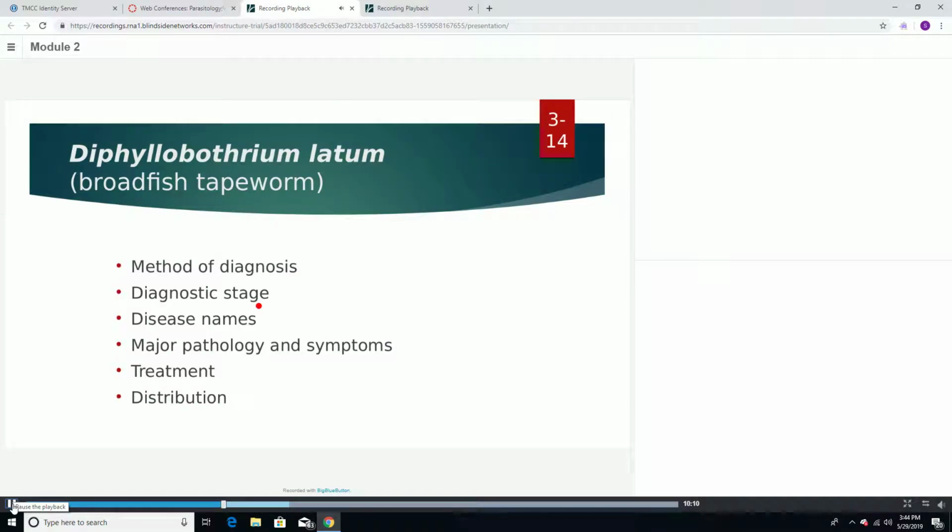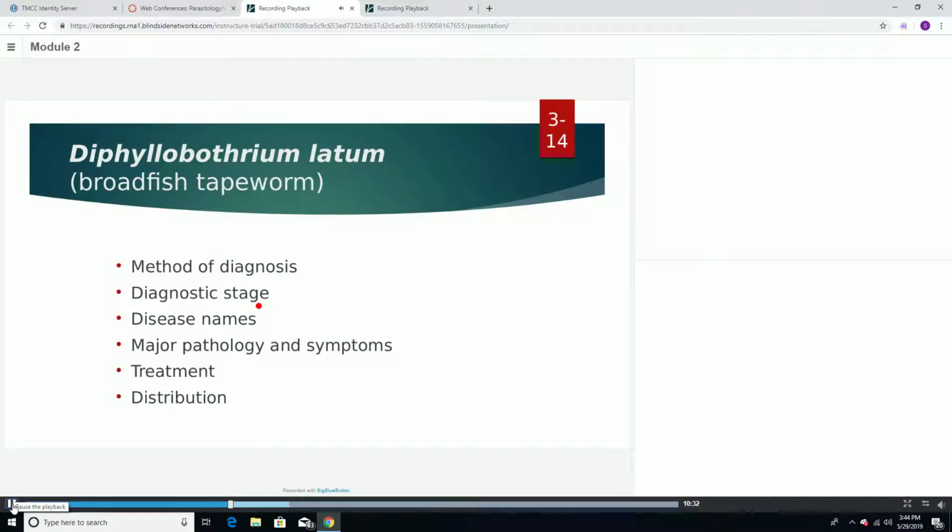The next parasite that we're going to discuss is Diphyllobothrium latum, also known as the broad fish tapeworm. How we would diagnose Diphyllobothrium latum again is we're going to recover an egg in feces. We could also see evacuated proglottids in chains ranging from a few inches to several feet.